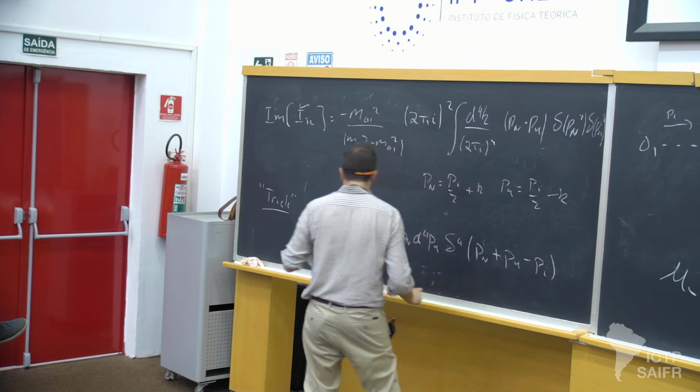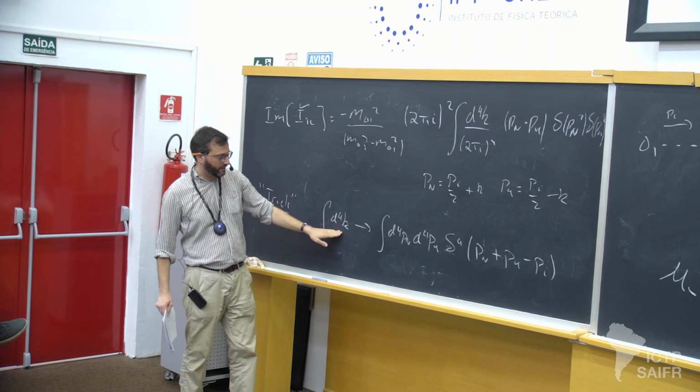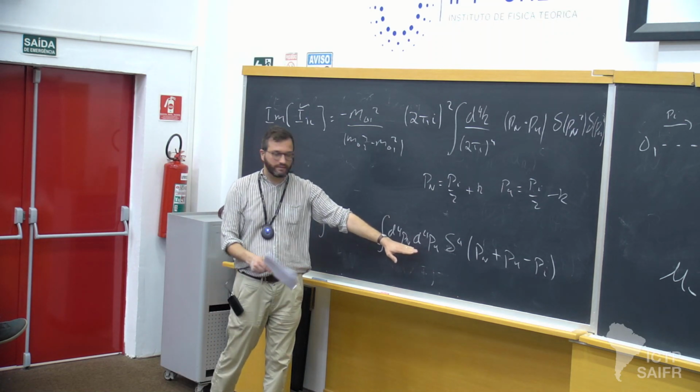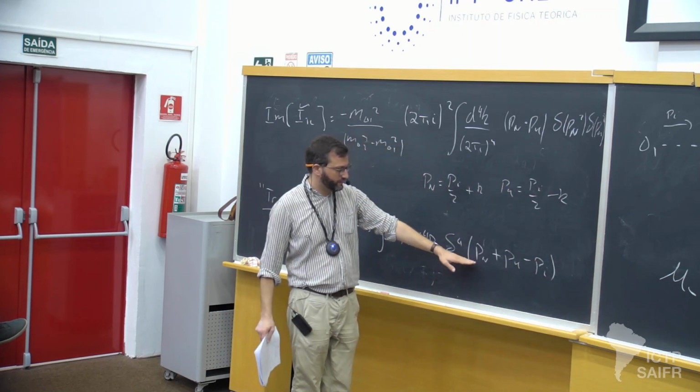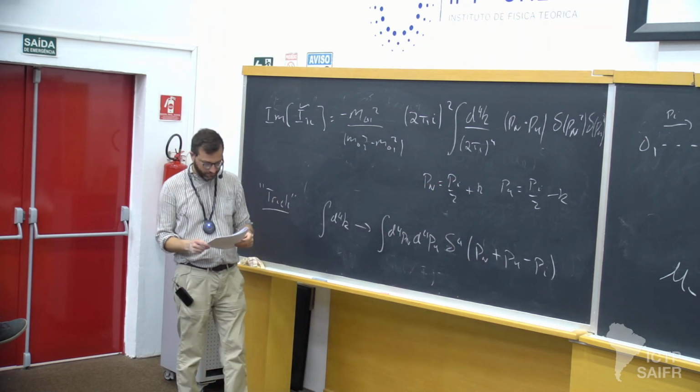So this integral over the 4 momentum k in the loop is now replaced with 2 integrals over these momenta times this delta function, which enforces precisely the 4 momentum conservation at the vertex, okay?